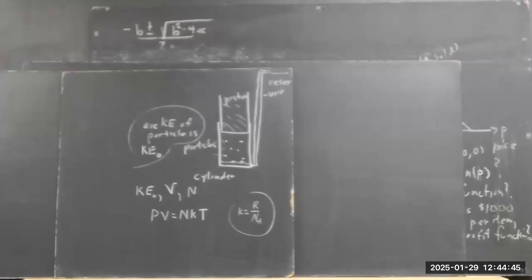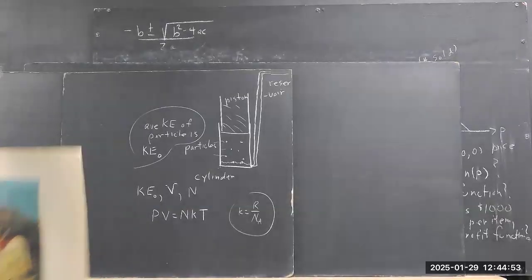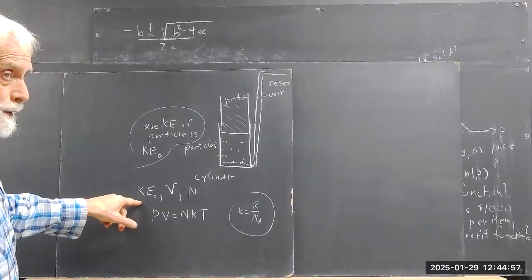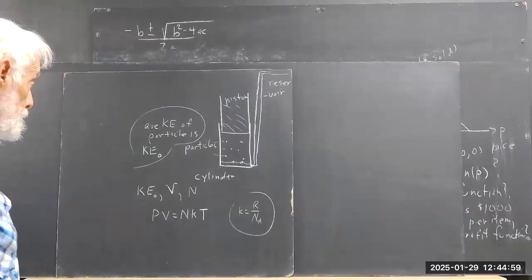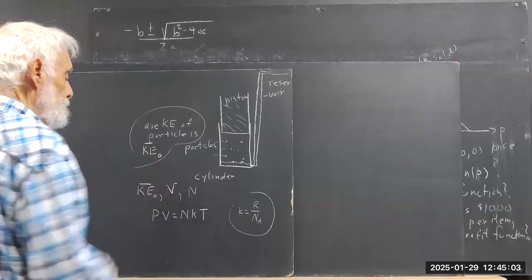So, my question is, what do we have here that's related to temperature that allows you to determine the temperature? Well, the kinetic energy, average kinetic energy. And let's put a bar over this because it's an average.